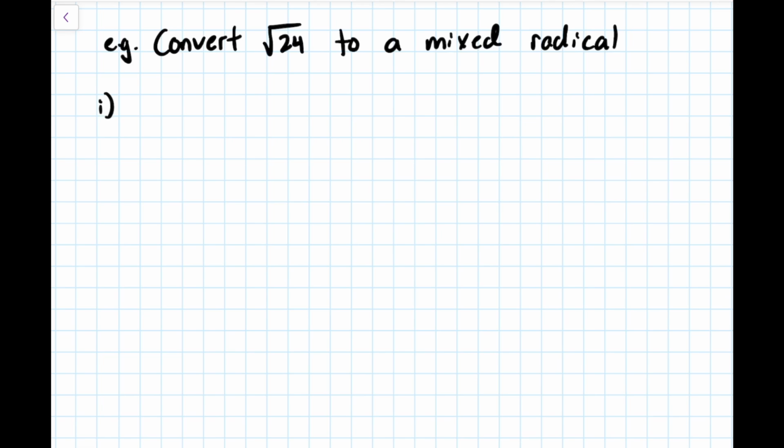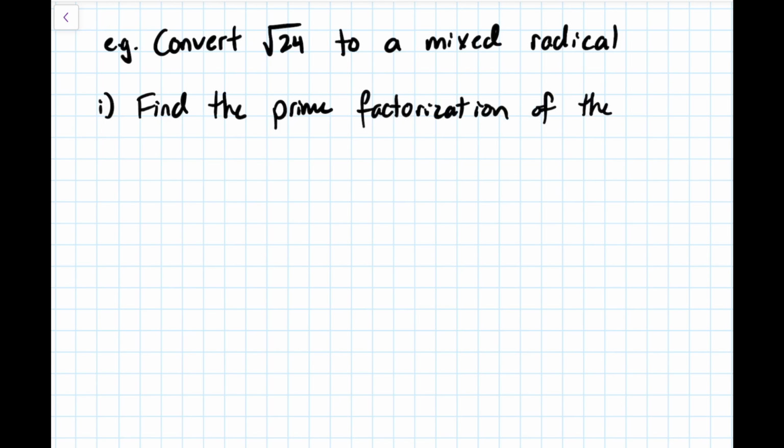So the first thing we need to do is to find the prime factorization of our radicand. This is why going back and looking at that prime factorization video is going to be helpful. Thankfully, 24 is a pretty small number, so this shouldn't be too difficult.